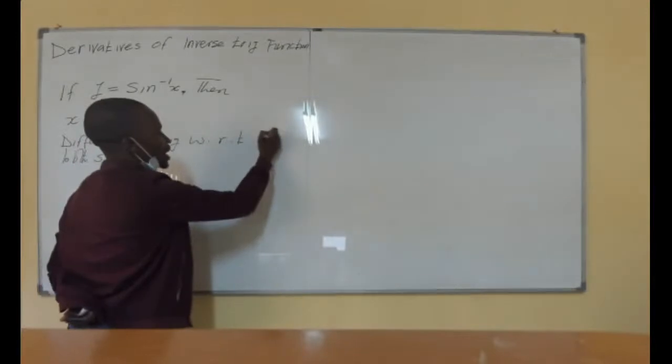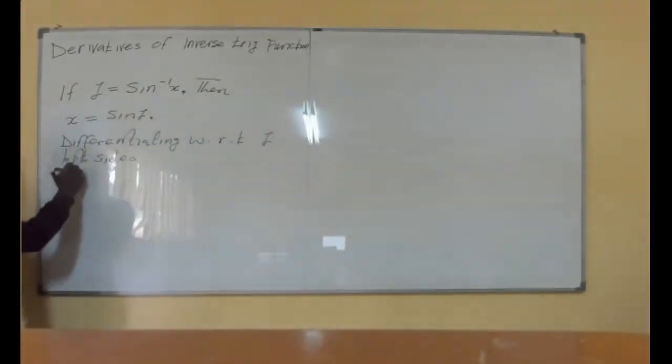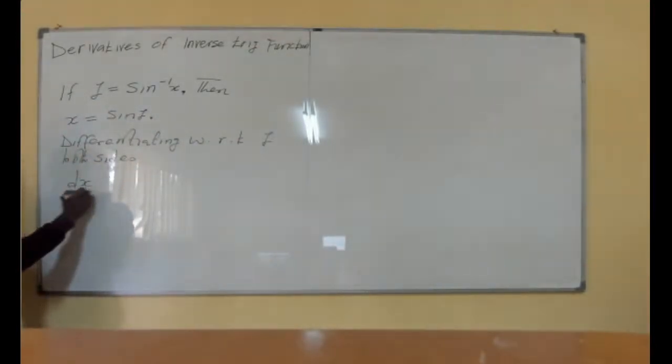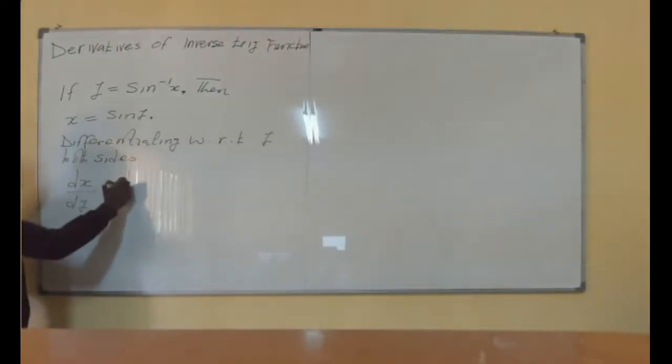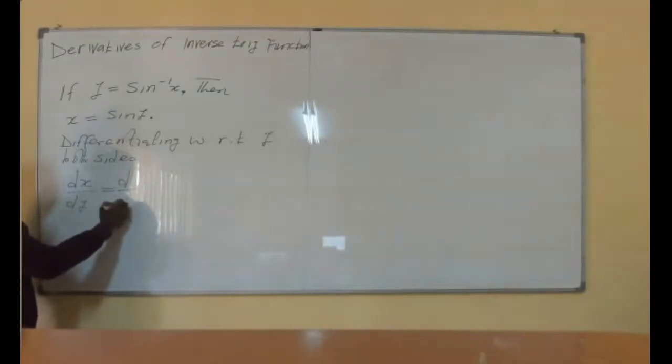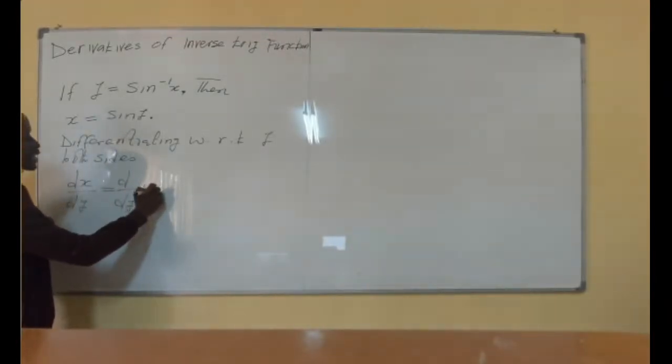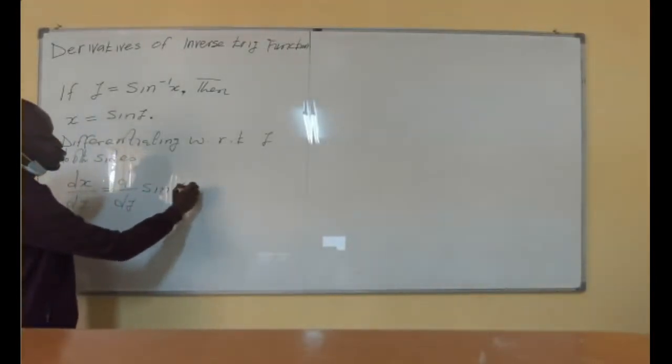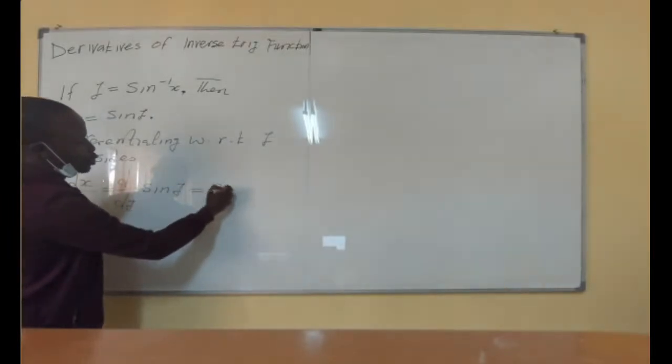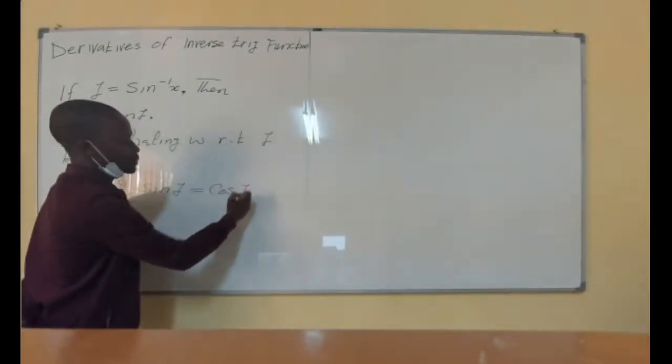With respect to y, both sides, what you are going to get is the derivative of x with respect to y. This is equal to the derivative with respect to y of the sine of y, which gives us the cosine of y.